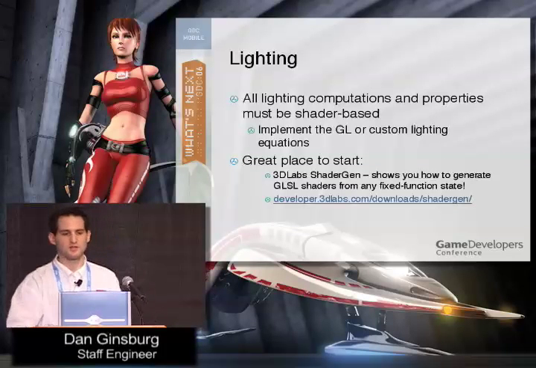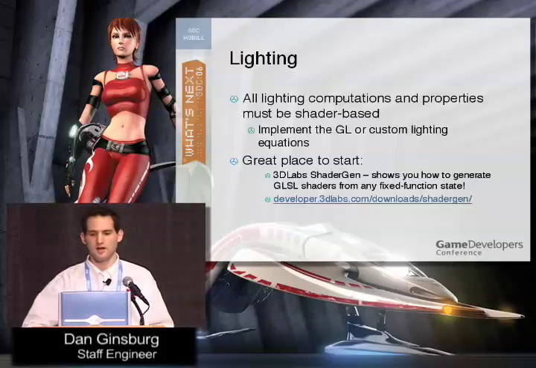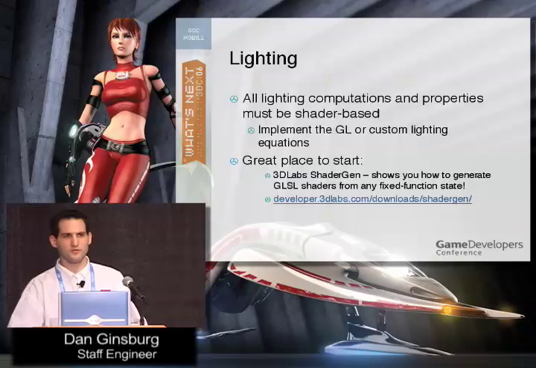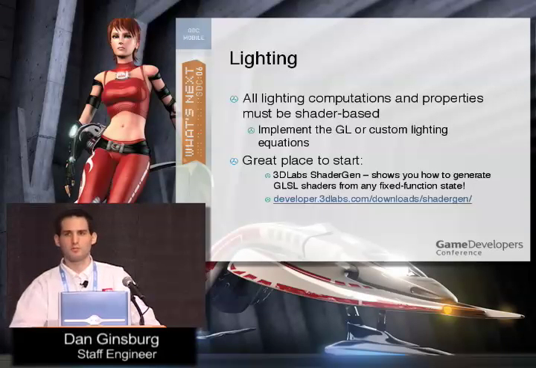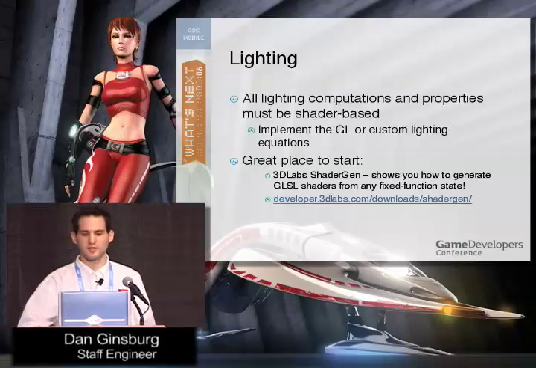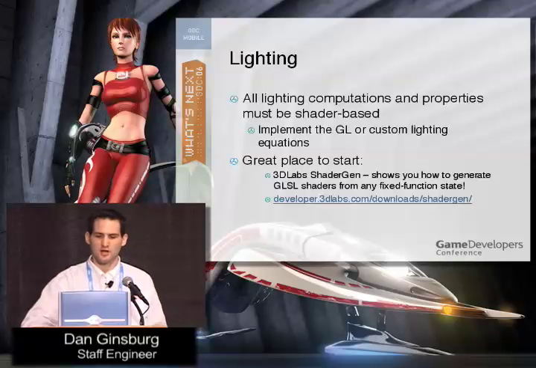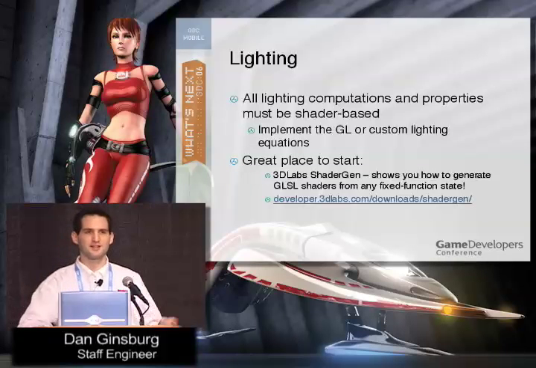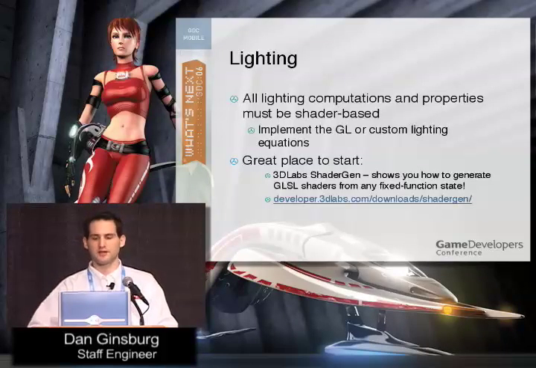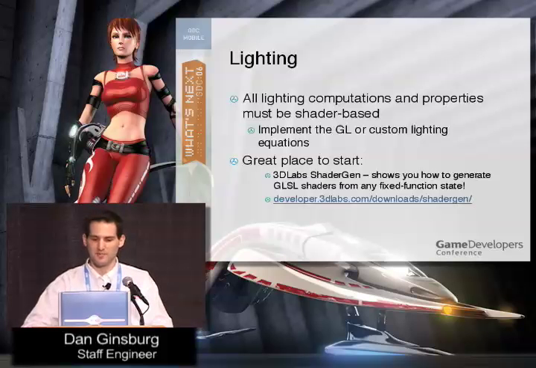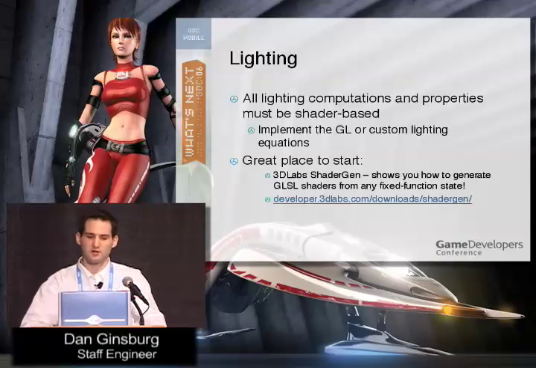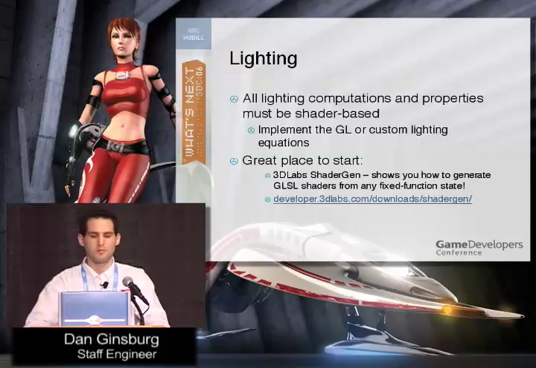Another thing I wanted to mention was with regard to lighting. All of the lighting computations that used to be enabled by fixed function GL now have to be shader based. One option you could do is simply implement the GL lighting equations in your shader or do custom lighting equations. And if the idea of digging through the GL spec to figure out what the lighting equations are scares you at all, one piece of advice is to check out a tool called ShaderGen by 3D Labs.